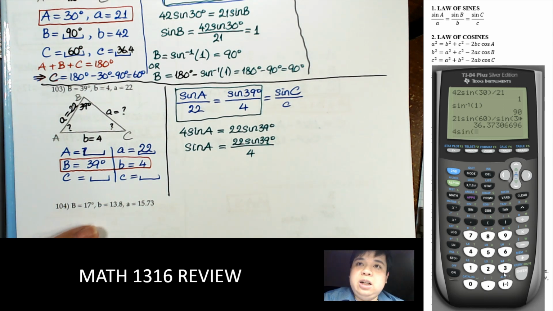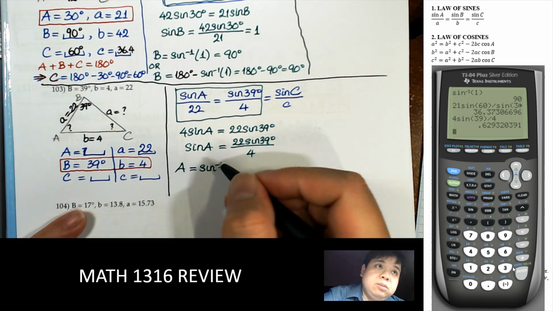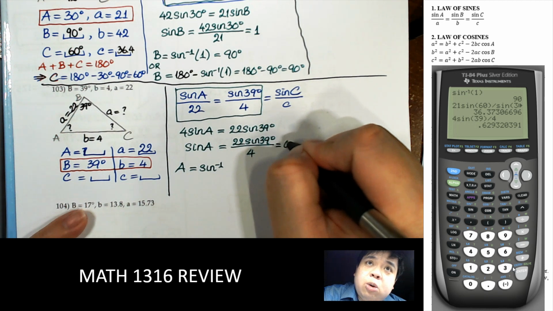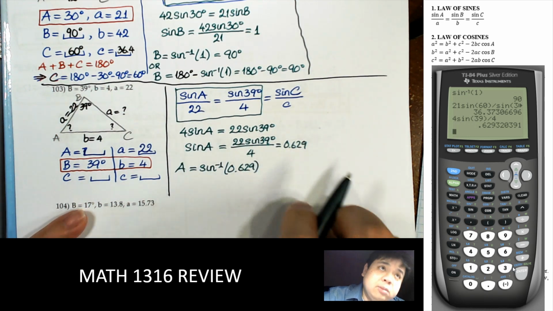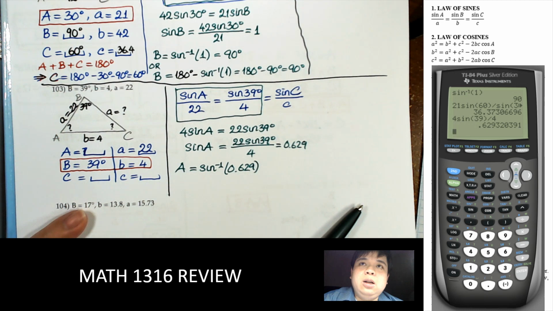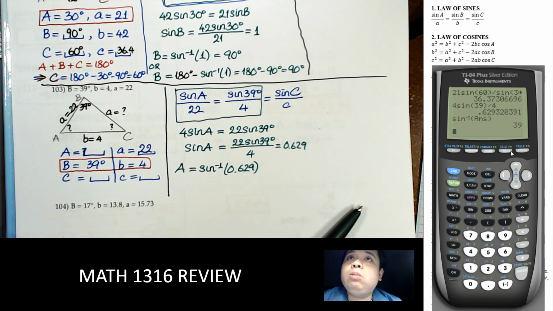So A will be the inverse of that. Sorry about that, it should be 22.